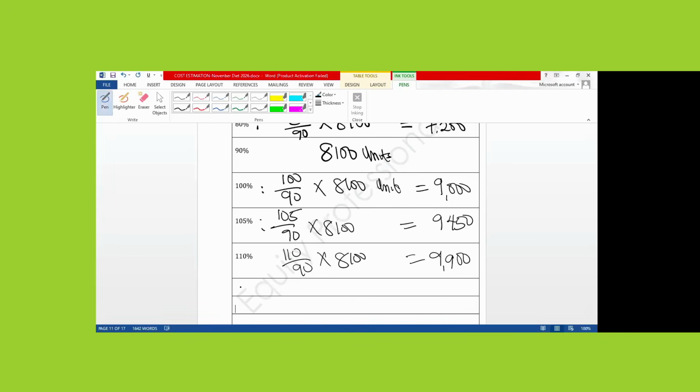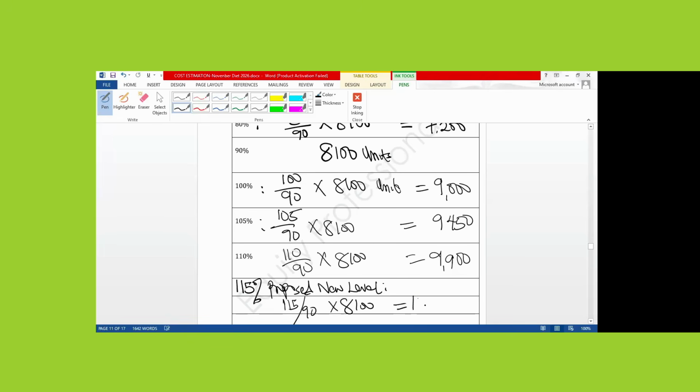At 115%, new level, that becomes 115 divided by 90 multiplied by 8,100.